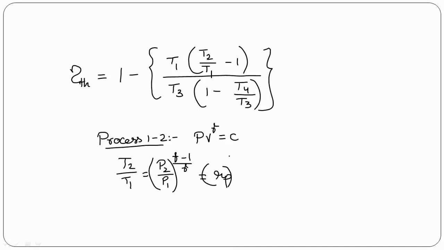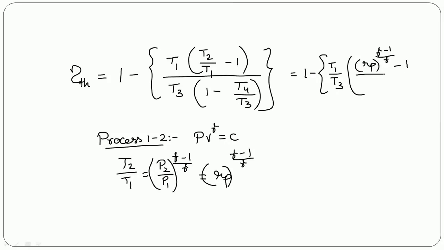This will be Rp to the power (gamma minus 1) by gamma. So T2 by T1 can be written in terms of the pressure ratio. So 1 minus T1 by T3, let us write like this, in the numerator Rp to the power (gamma minus 1) by gamma minus 1, divided by 1 minus T4 by T3.